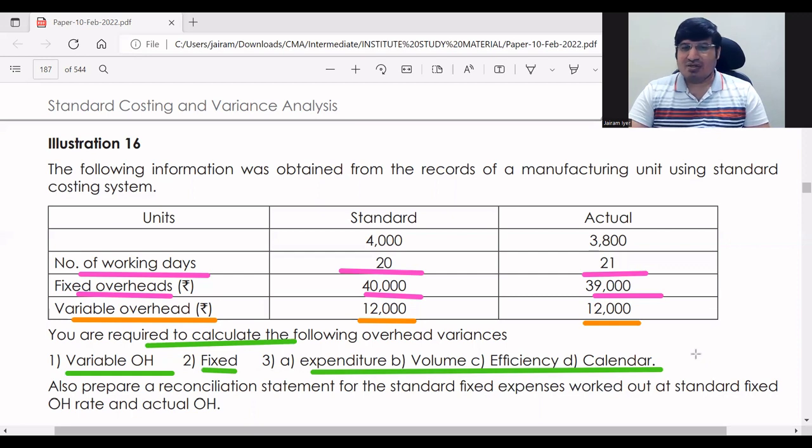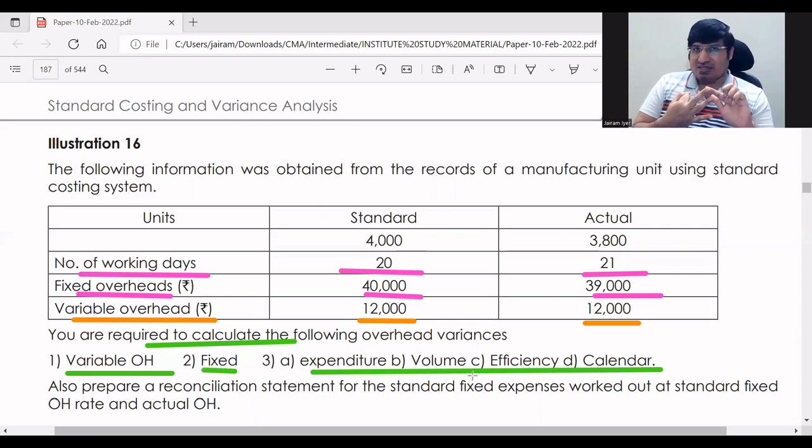So they have asked us to calculate expenditure variance, volume variance, efficiency variance, and calendar variance, okay. Budget variance is expenditure variance, and they are not asking you capacity variance here, just remember. In fixed overhead you have got 6 variances, correct? One is the fixed overhead variance, the total one. Then the next two parts of it: budget or expenditure or spending variance, and volume variance.